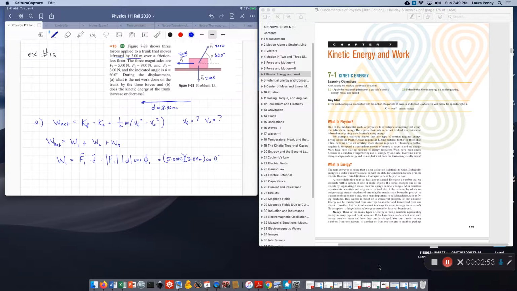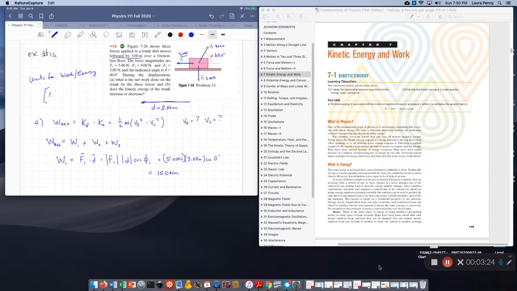Cosine of 0 is 1, and so I end up with 15, and I should have talked about this before with my units, I have a Newton times a meter. Well, a Newton times a meter is the unit for work, and if it's the unit for work, then it's also the unit for energy, because work is just energy being transferred.